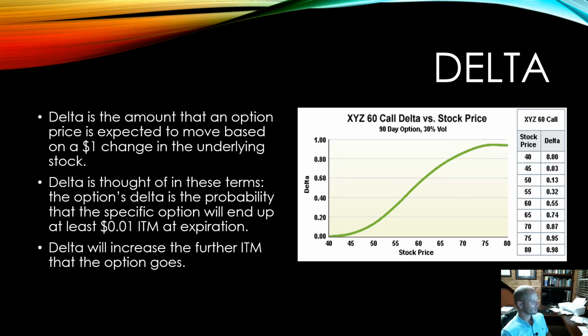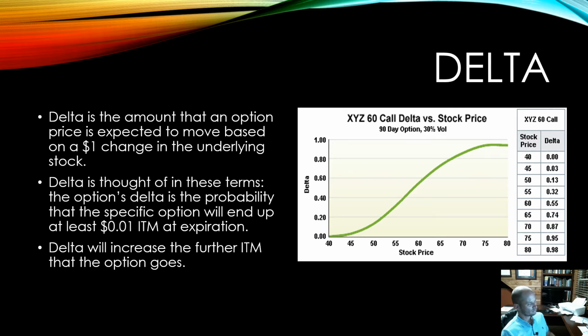And delta is also thought of in terms of the probability that the specific option will end up at least 1 cent in the money at expiration. So if you're trading a 50 delta, then in theory there's a 50% chance that the option will be in the money at expiration. Like I said, that's all kind of theoretical, but a lot of people use that.